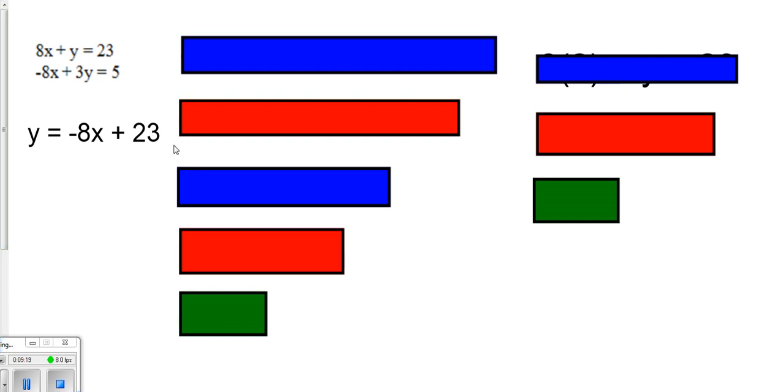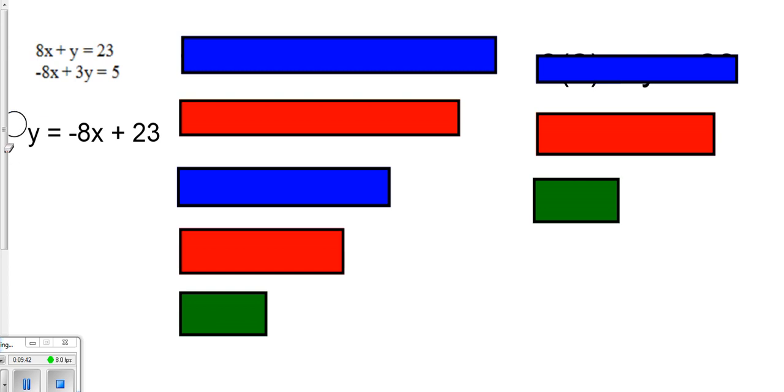Now that we've rearranged everything, now we can plug y into this equation. Now sometimes, this example didn't necessarily do it yet, but sometimes there might be a number in front of y. So this would say maybe like a 2y equals all of this. To get rid of that, again, you would just divide by 2 on both sides now to get y alone.